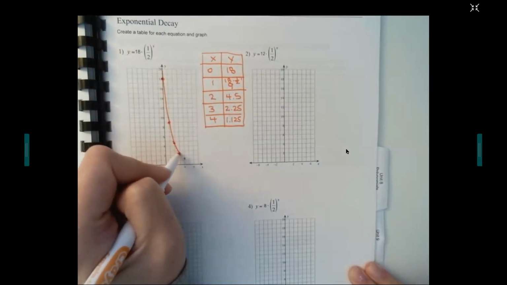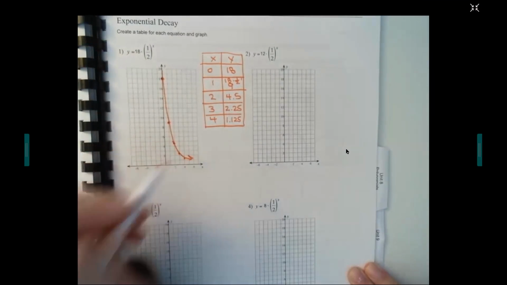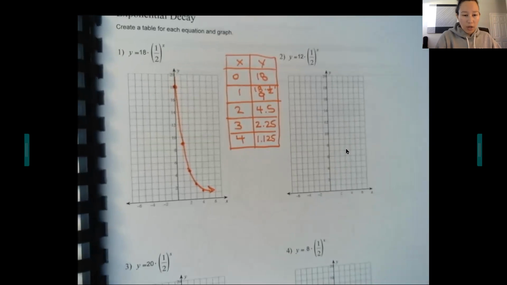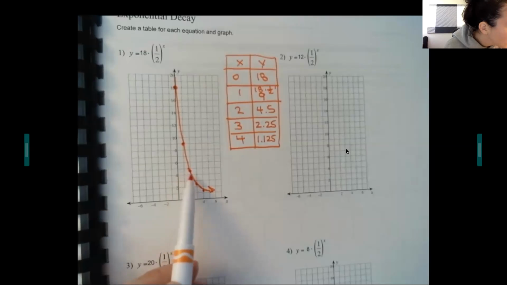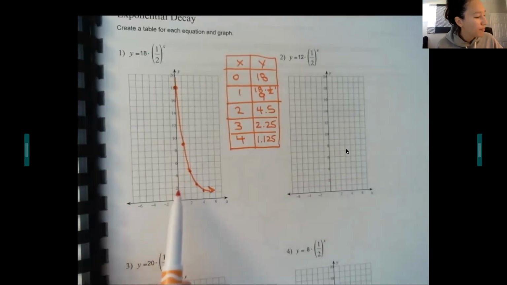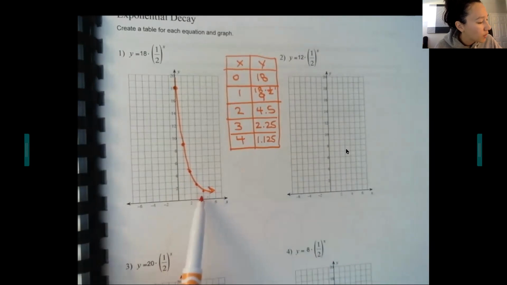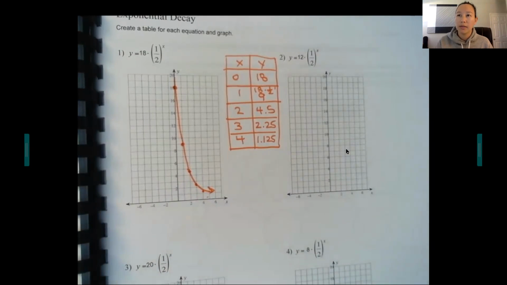Can you zoom in? Sure. So it's just an estimate because they are decimals. So for 4.5, you just do it between the 4 and the 5. And then 2.25 just a little bit above the 2, and 1.125 just barely above the 1.